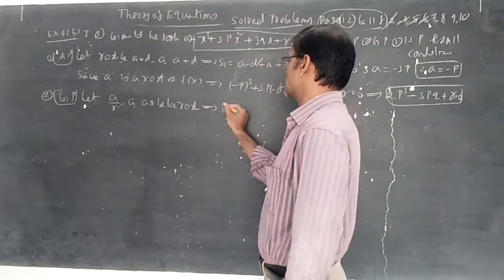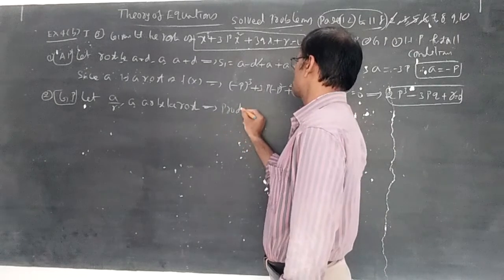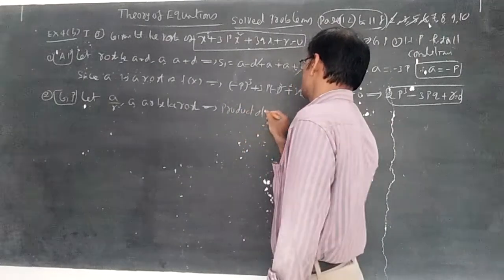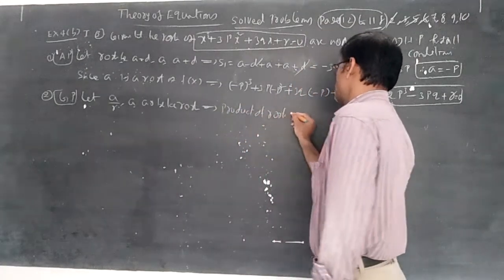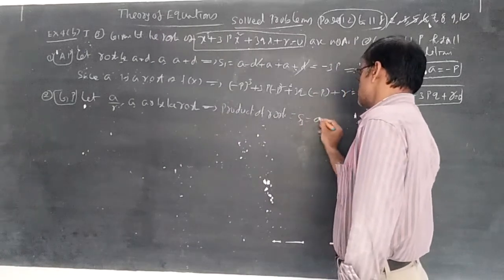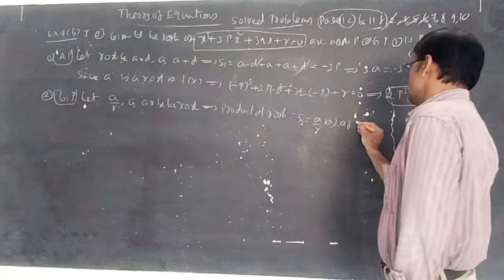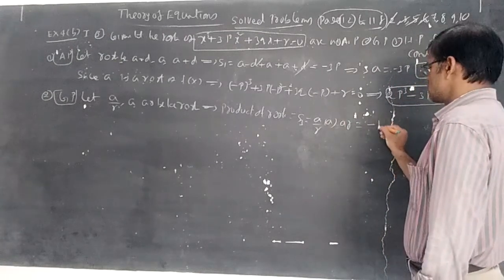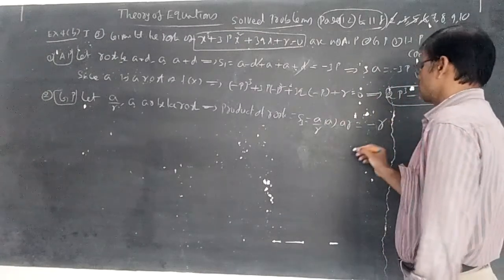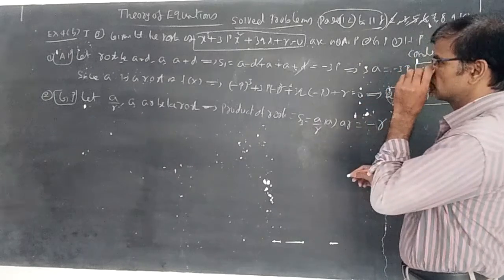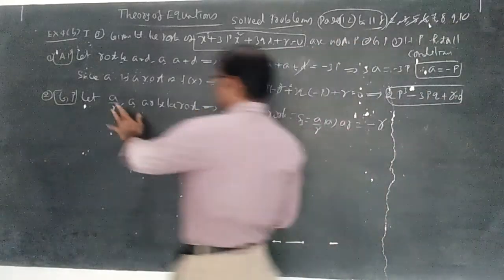Now the product of roots, that is S3. Product of roots S3 is equal to a by r into a into a r is equal to minus r. Here r may be any capital R you think.